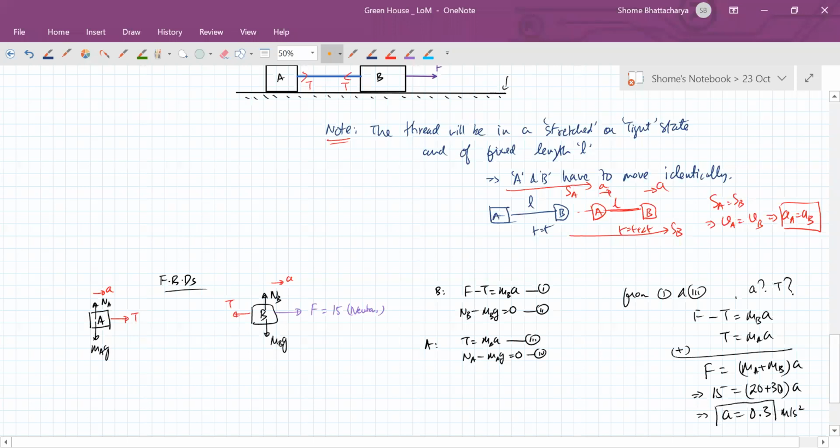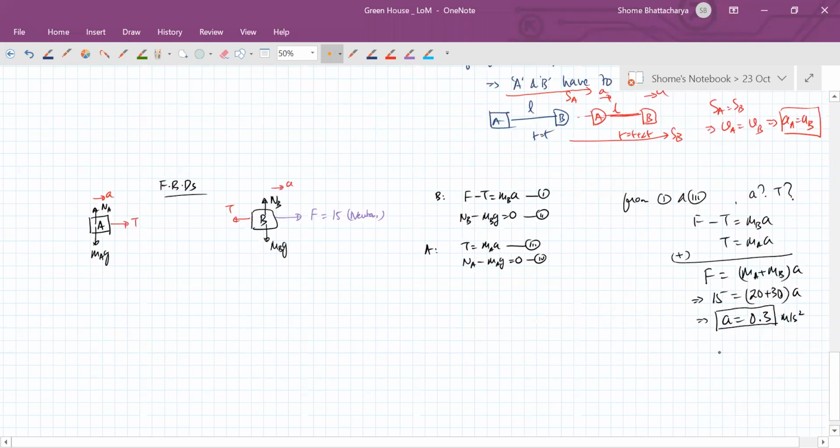Okay, and you substitute that back in equation 3. So you get that tension is equal to mass of A into acceleration. So that is equal to 20 kg multiplied by the acceleration 0.3. So the tension is equal to 6 newtons.